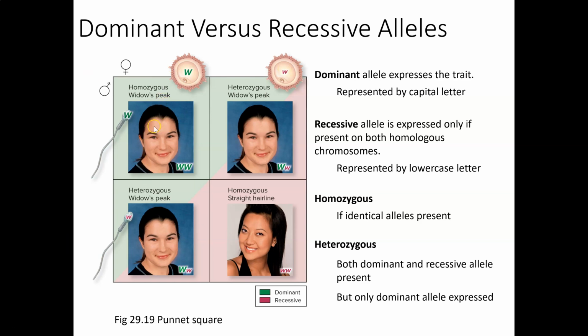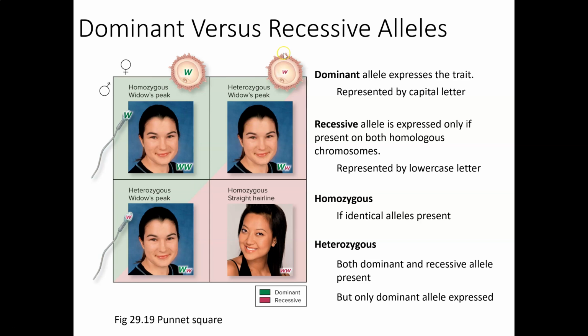For the first scenario, you could be getting a capital W from the mom and a capital W, the dominant allele, also from the dad. So when you have this situation, you'll get homozygous dominant, big W. And then you have a possibility to get a recessive allele, lowercase w, from the mom in the ovum, which is going to be fertilized by a sperm carrying a dominant allele from the dad.